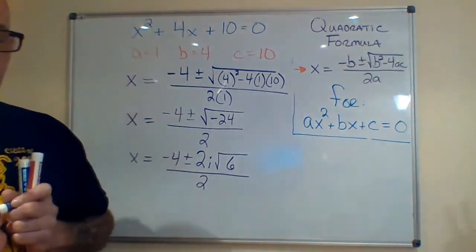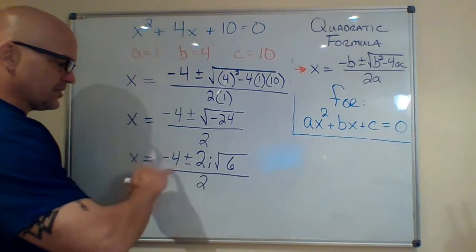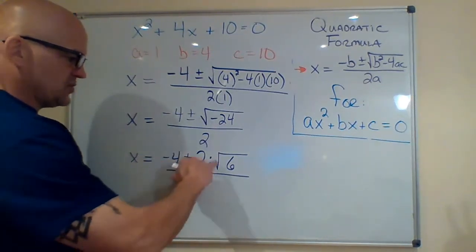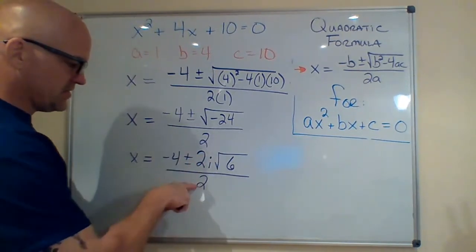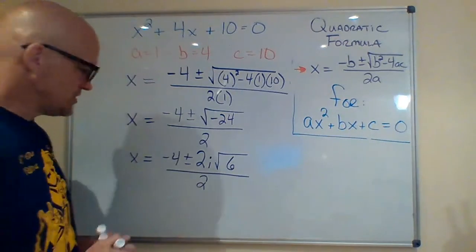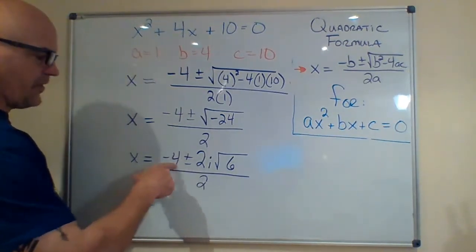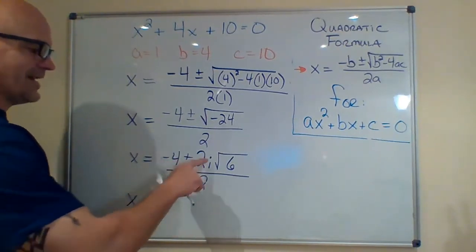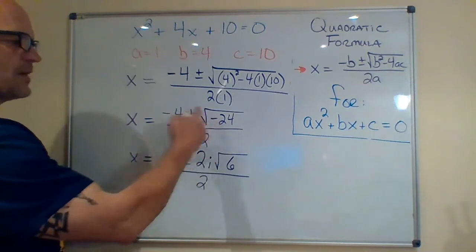Now, at this point, this lead term here, this 4, this 2 that's outside of the root, it has to be outside of the root, and this 2 here, they're all divisible by 2. So I can reduce that. My last step here is going to be all this stuff divided by 2. Again, that's only if there's a number in front of the root, you had a perfect square that came out.